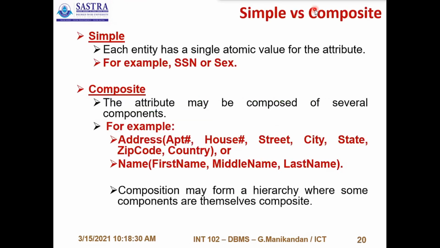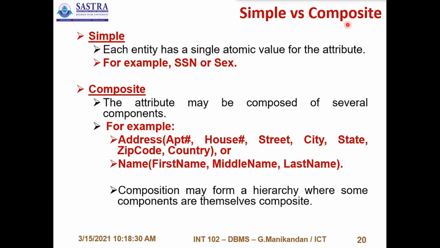The first classification is that you can classify your attribute as a simple attribute or a composite attribute. An example of a simple attribute is social security number or the gender associated with a particular person or employee. Why is this called a simple attribute? As part of this attribute, you are going to store only a single atomic value, that is, you cannot further subdivide this attribute.